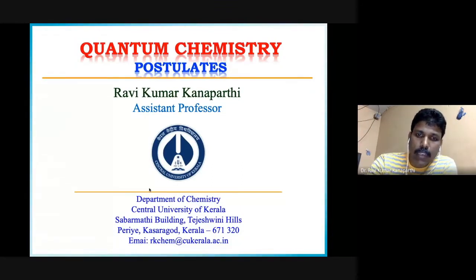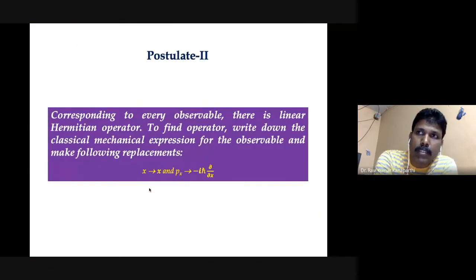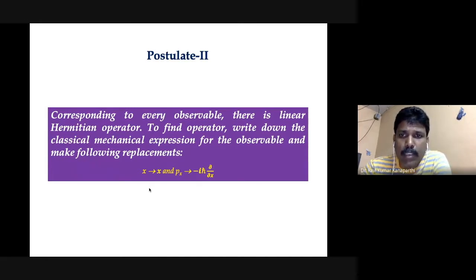Today we will try to learn the second postulate and third postulate. The second postulate statement you can see on this slide. Corresponding to every observable, there is a linear Hermitian operator. To find the operator, write down the classical mechanical expression for the observable and make the following replacements.